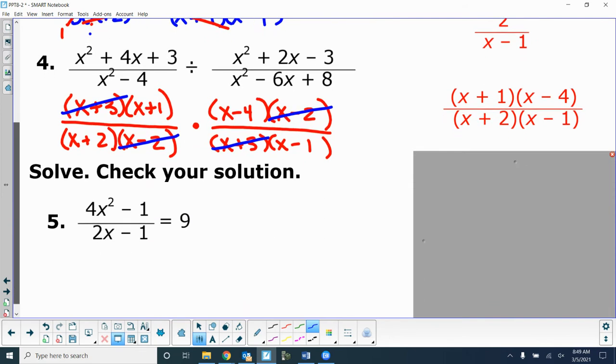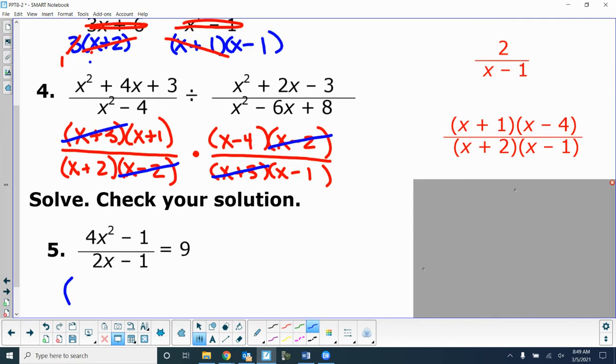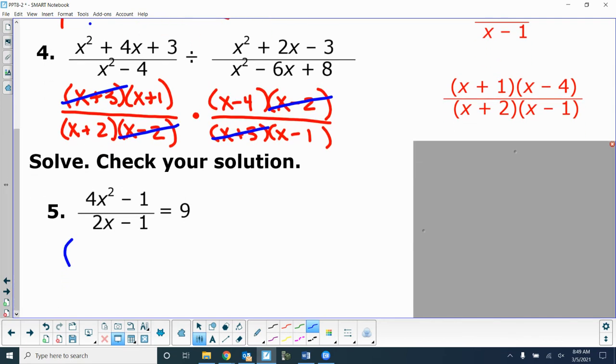Okay, here's one that we gotta solve. Right? You didn't have to do that for warm up, so let's just do it though. How do I factor that numerator? There's no GCF. What's it called? 2x minus 1 won't factor.